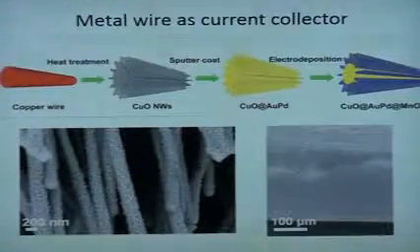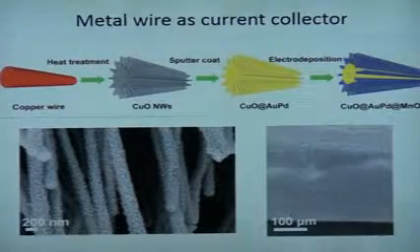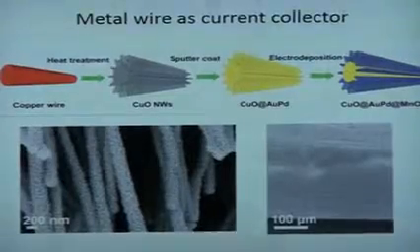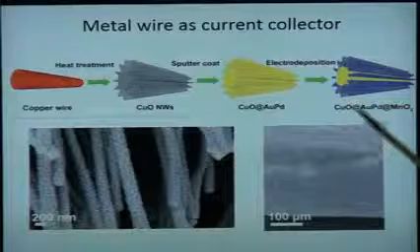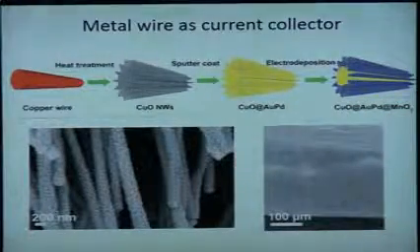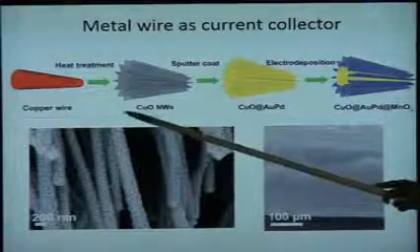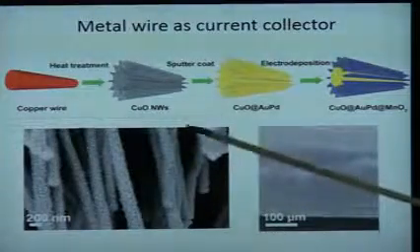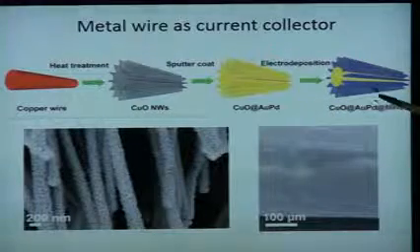Here is another example. It can be in the form of a metal wire itself. The core of the wire itself can act like a current collector. So one can grow material on the surface of the copper wire and then realize an electrode. You can see what kind of steps are taken to assemble an electrode. First you have the copper wire, then copper oxide is grown on it, then a metal layer is deposited, and then again a growth process.